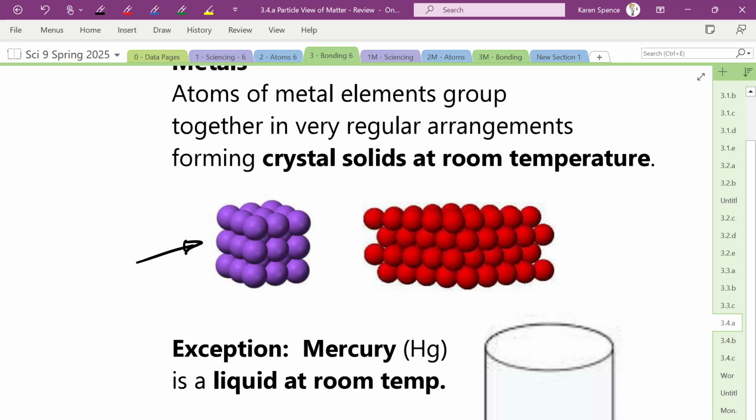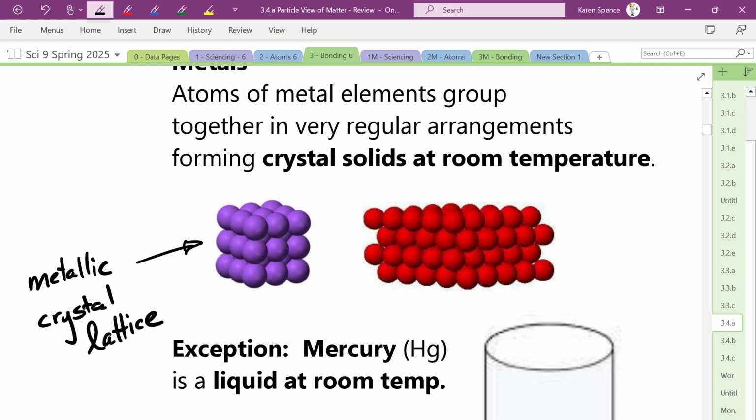It's not made of positives and negatives, but it is a metallic crystal lattice. It just consists of metal atoms tightly packed in an organized fashion.